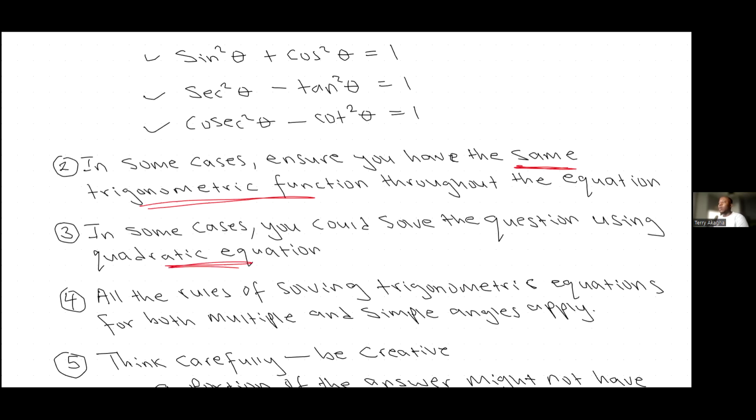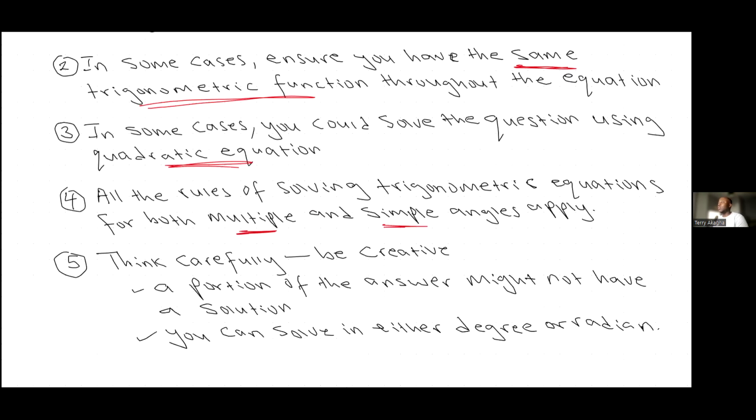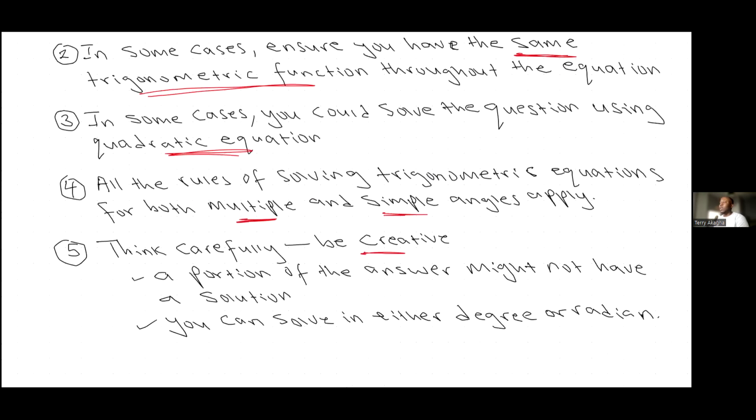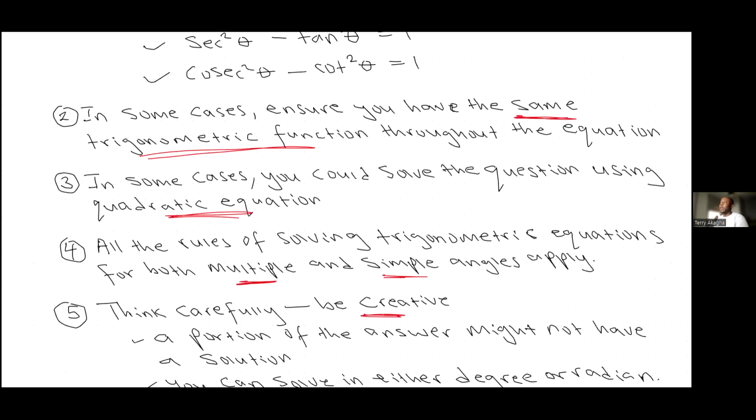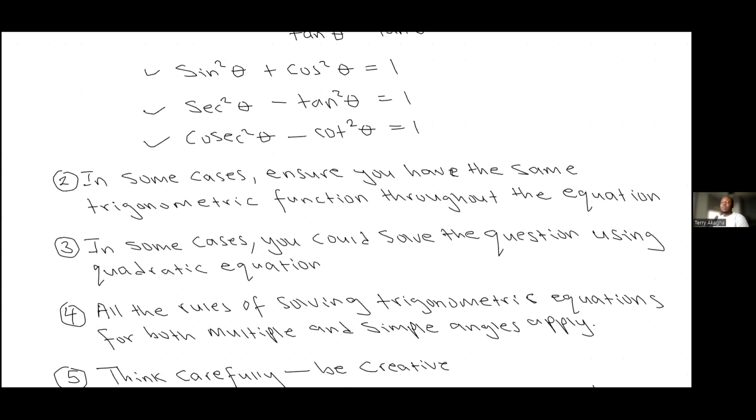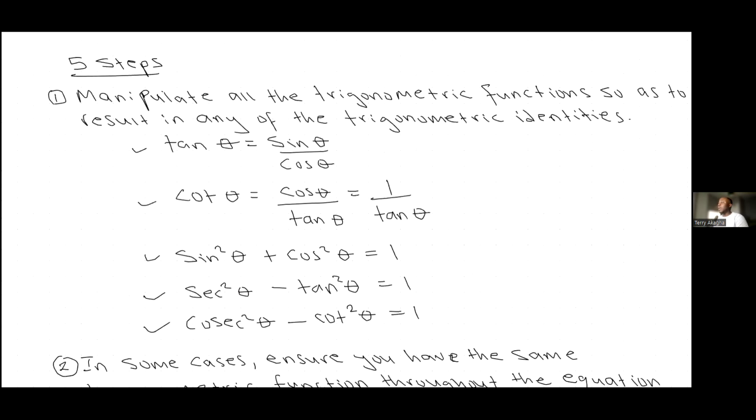But you need to know how to solve multiple and simple angles, all right? And also another thing is that you have to be what? Creative. So those are the things you need to keep in mind while you solve all this type of question, okay? Good. Now let's pick some examples and get to it and see how we can solve them.